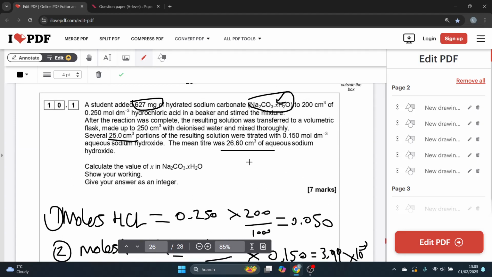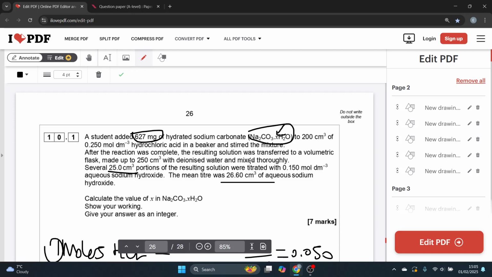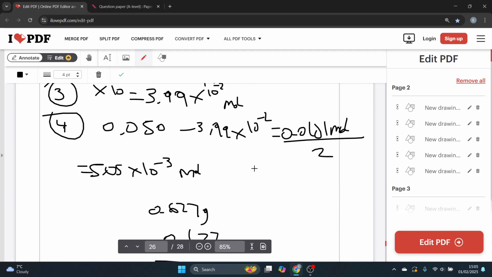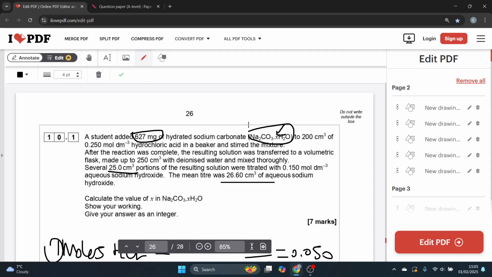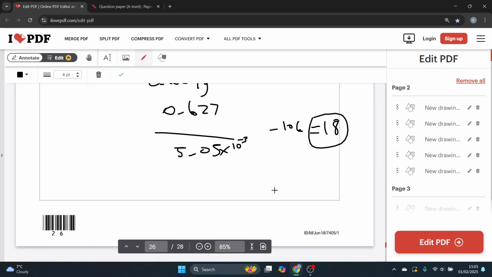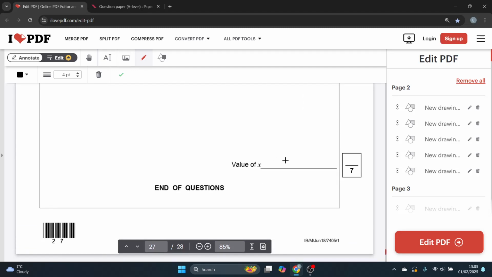And that will give me the MR, and then minus the MR of this, so minus 106.18. So this has to be an MR of 18. H2O is already 18, so therefore X is equal to 1. And that is the end of this paper.